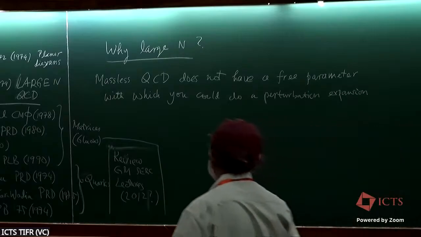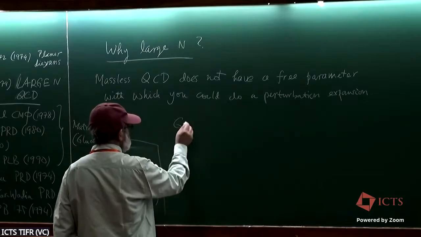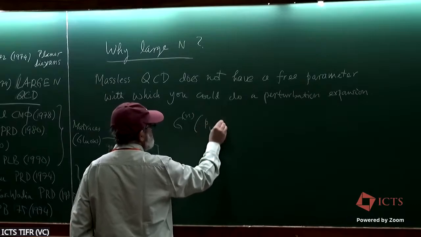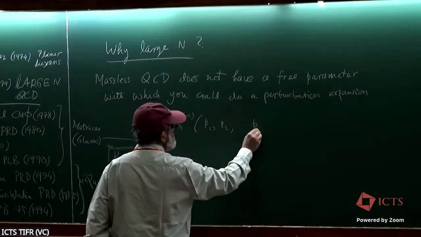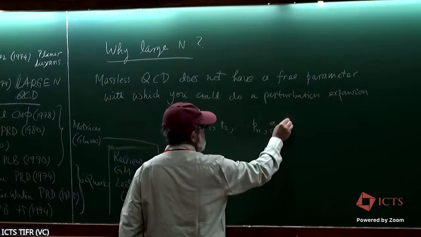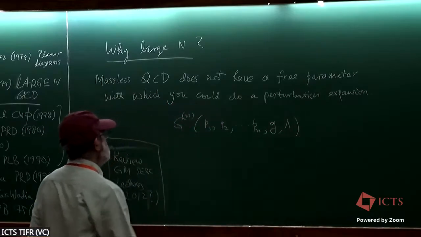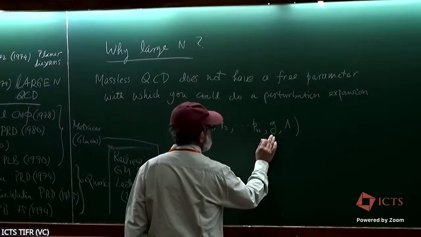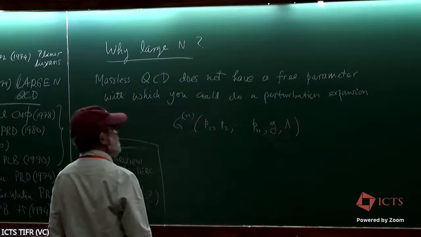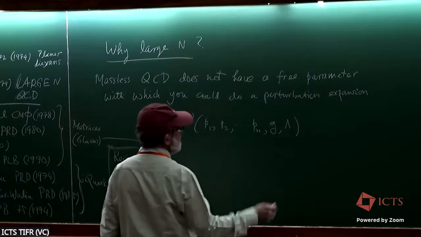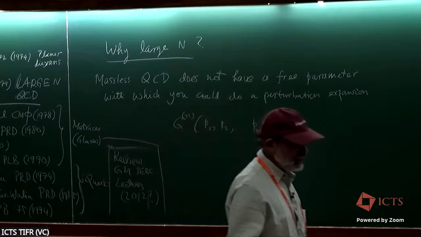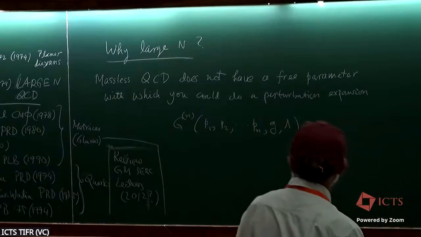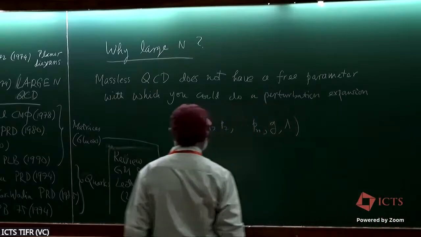Okay, so let me explain slightly more. Let's say this is an n-point function of quarks and gluons. Normally you would think of this as there being a coupling constant and there's a cutoff. If you're sort of beholden to dimensional regularization, then instead of lambda you can think of this as mu. It's the same thing.